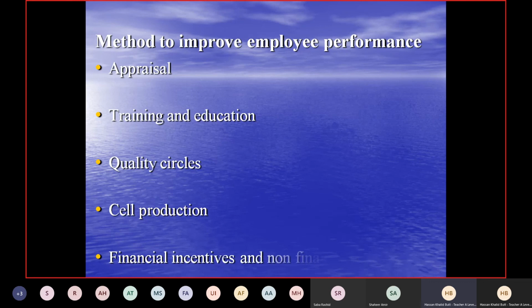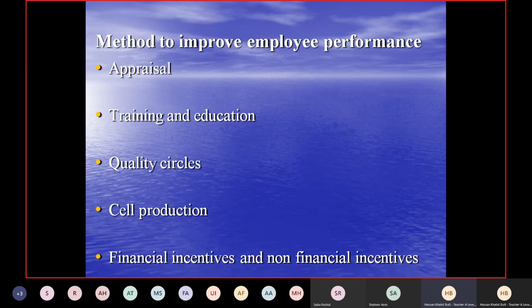Okay, then we have financial incentives and non-financial incentives, and you know about it. We discussed that in the chapter motivation at work in AS level as well. So yes, if workers feel that they require this, because Maslow's hierarchy of needs says that workers require basic necessities, and that can only be fulfilled with the help of money, right? Food, shelter, clothing. Similarly, non-financial incentives are there.